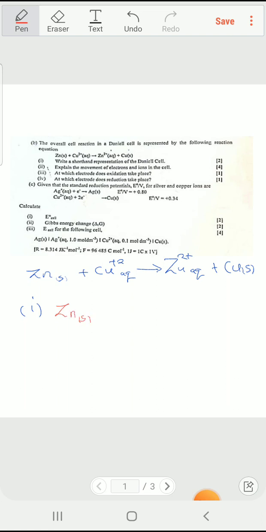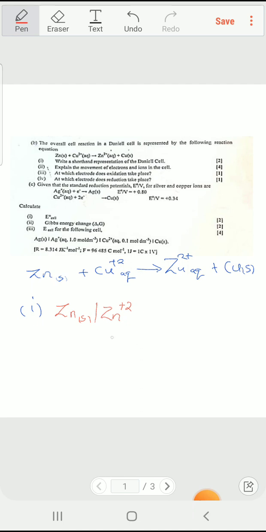To demarcate the solid state and the aqueous state, I'm going to put a straight vertical line. Then I put zinc ions with it. This shows that this one is a conductor, and this one is in solution, an aqueous solution.